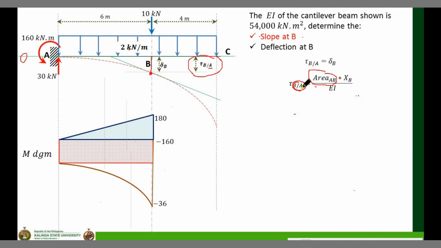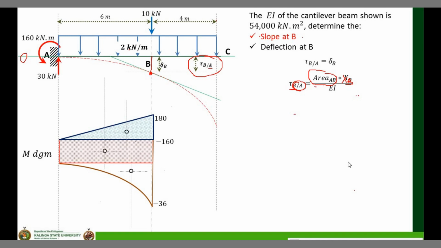Since this is t_B/A, the area is from A to B, but for the reference of x, it is measured from point B, the letter in the numerator of the suffix. Okay? So that is the equation to solve for t_B/A.